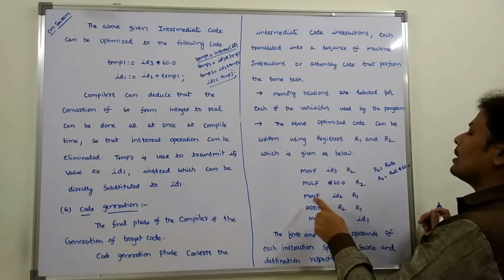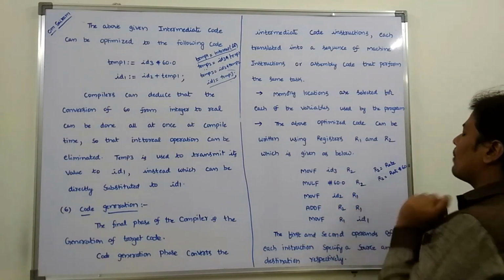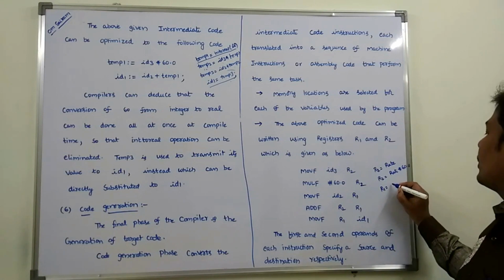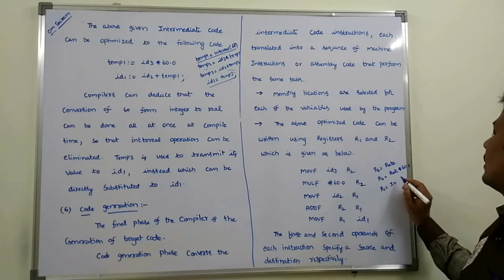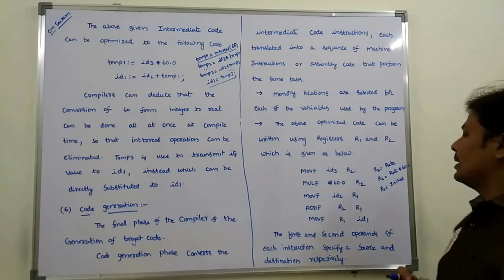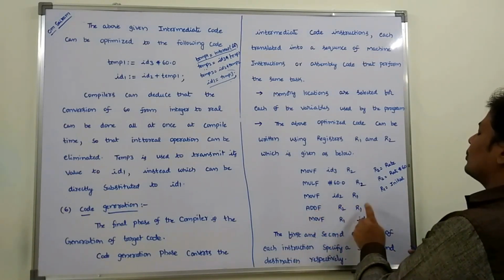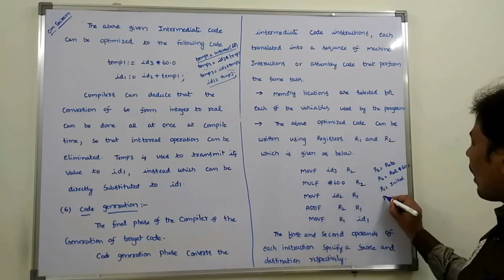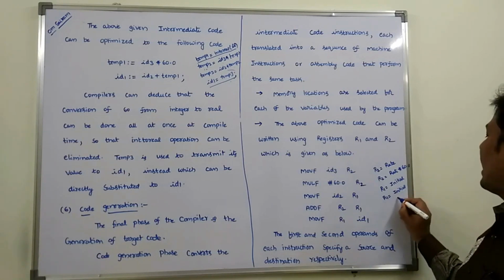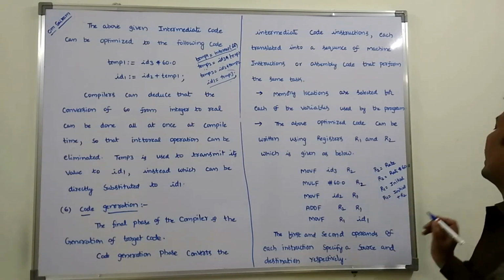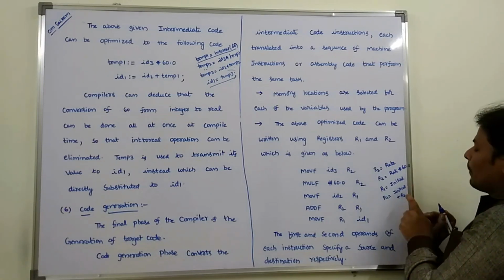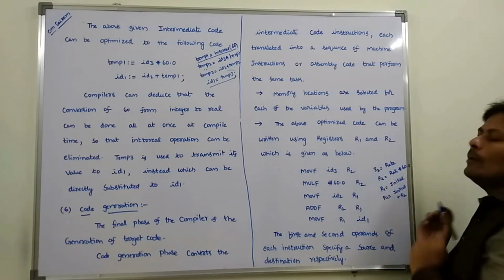Okay, next one, MOVF ID2, R1. So now R1 contains ID2. ID2 is initial. Next one, ADDF R2, R1. So now R1 contains initial plus R2. Initial is identifier ID2, plus R2 means rate into 60.